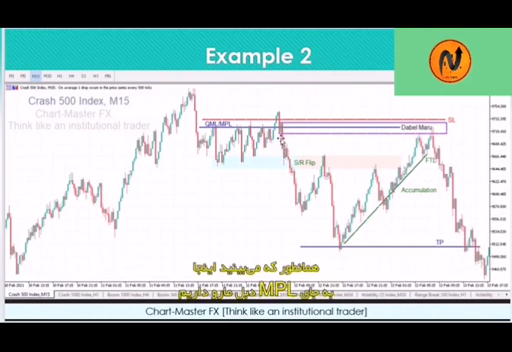So you can see here that we had a double maru here in the place of the MPL, which is strong also as the MPL. And you can see that this double maru was able to hold the price, and the price dropped.